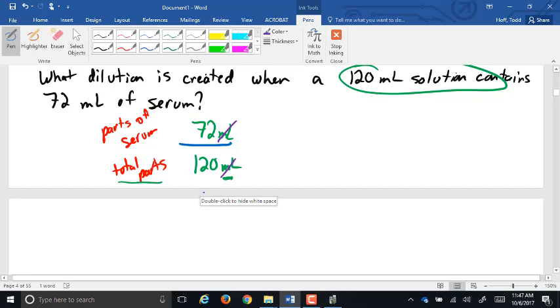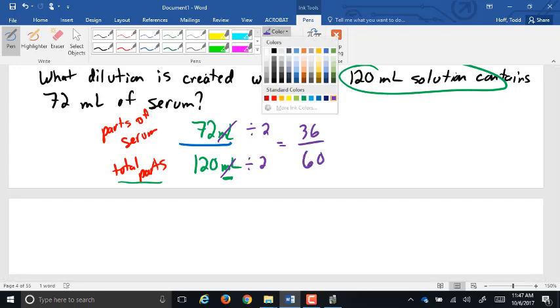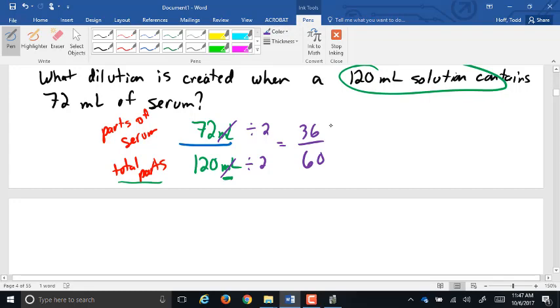Those same units are gone. 72 and 120 can both be divided by the same number. What's one of them? 2. 72 divided by 2 is 36. 120 divided by 2 is 60. They can still both be divided by 12, I heard someone say. 36 divided by 12 is 3. 60 divided by 12 is 5. So that is 3 to 5, or a 3 in 5 dilution.